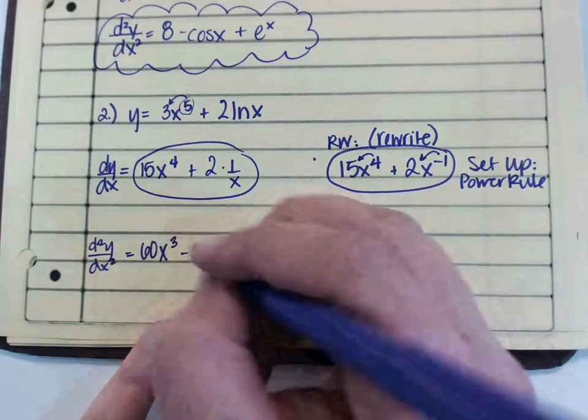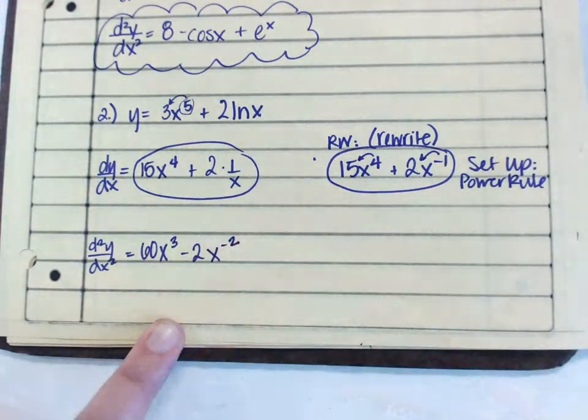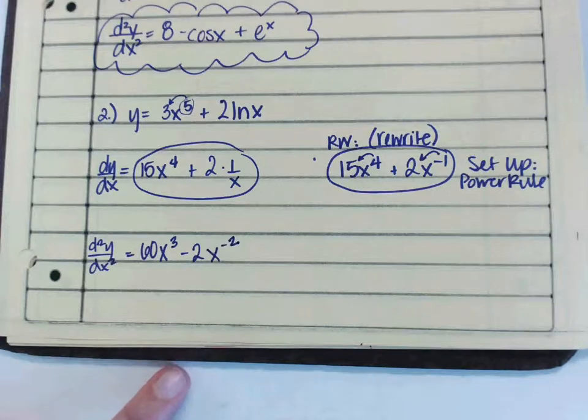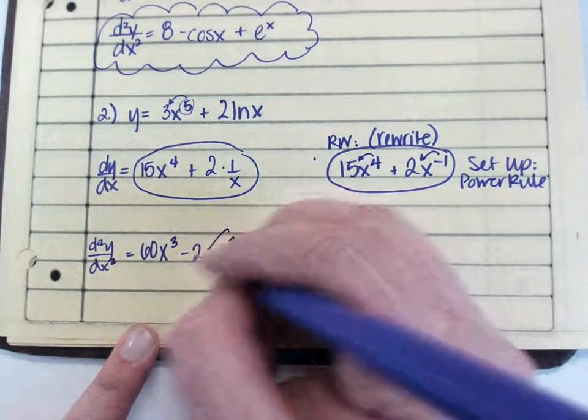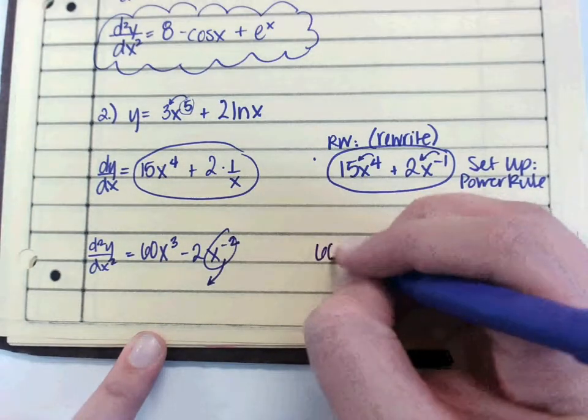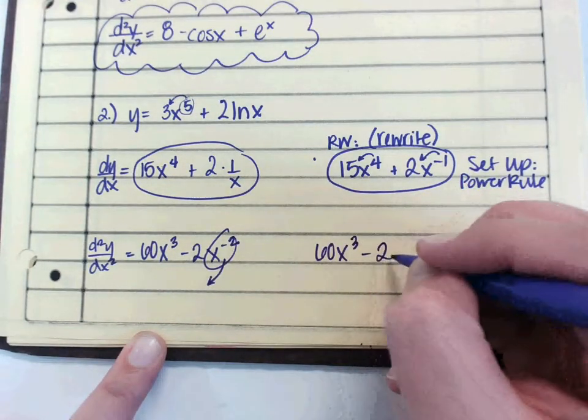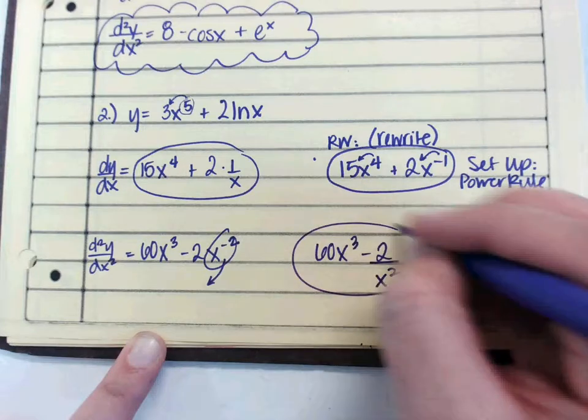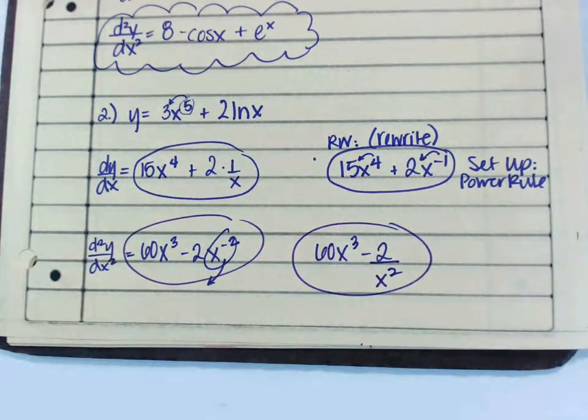So now it's x to the minus 2. Then remember, we're not going to leave our exponents negative, so my x squared is going to go down to the bottom. So it would be 60x cubed minus 2 over x squared. Okay, but remember, technically, these two bottom rows, those are the same. The only difference is how it's written. That one has a negative exponent, that one's written as a fraction. Make sense?